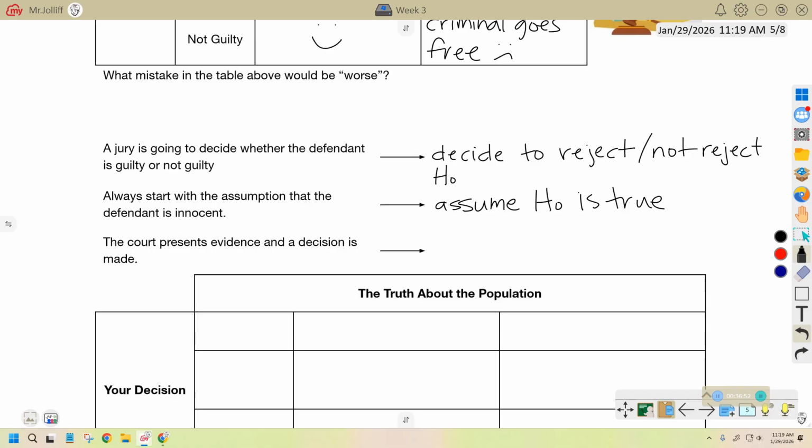Last question. Court presents evidence and a decision is made. What are we using as evidence? Better question, how do we make our decisions? What's the dividing line there? P-value, yeah, good.